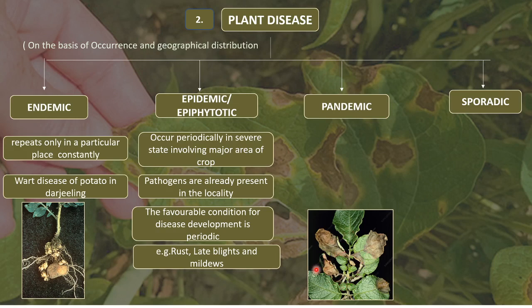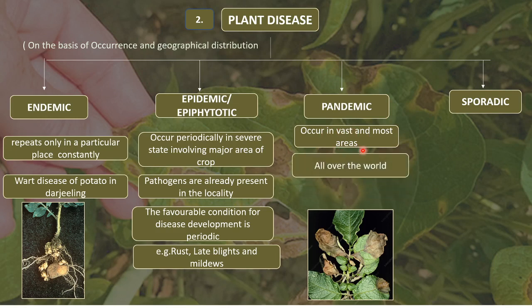Now, coming to our next point, the third type, which is pandemic. Pandemic occurs in vast and most areas. That is, it will infect a large, huge area. Maybe it can also be present all over the world. I think everybody knows the term pandemic now, because we ourselves are passing through this pandemic of coronavirus, right?